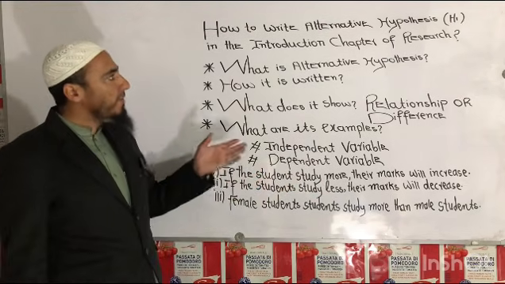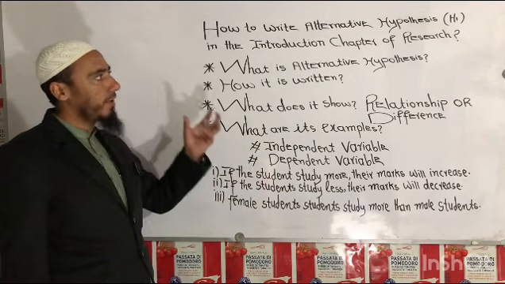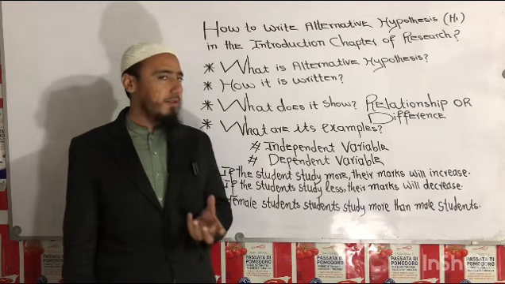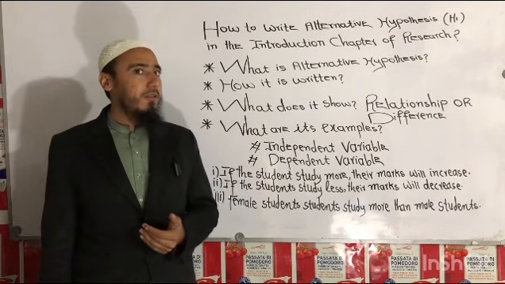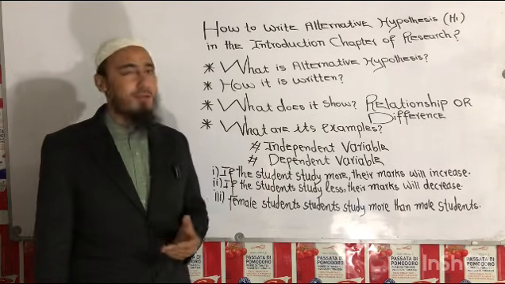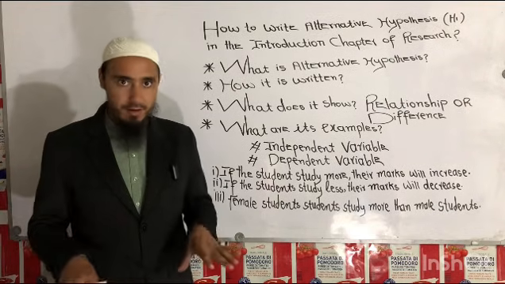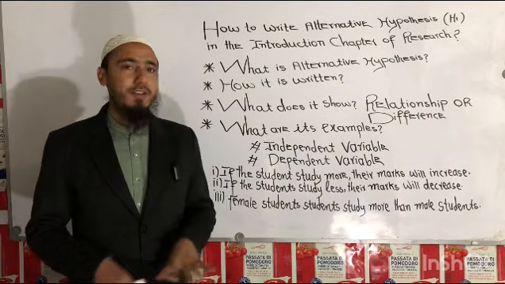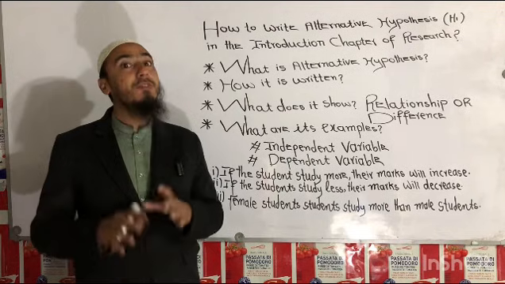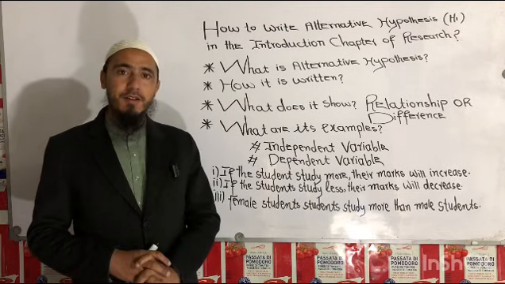Remember, these are the characteristics of alternative hypothesis, that either it shows the relationship between two variables, or it shows the difference.